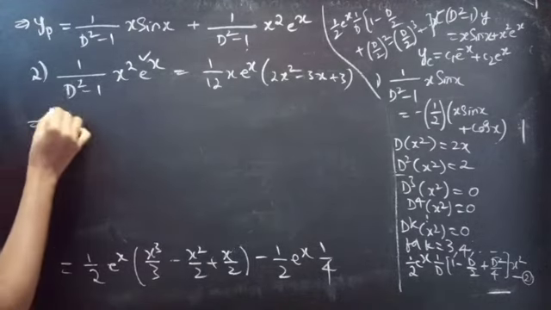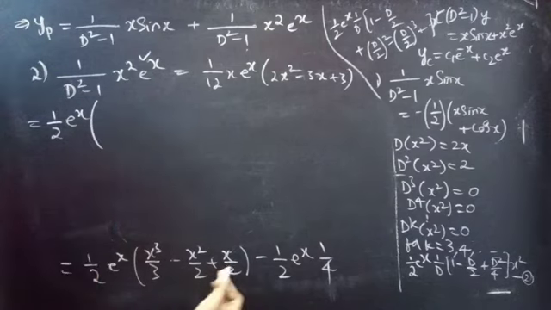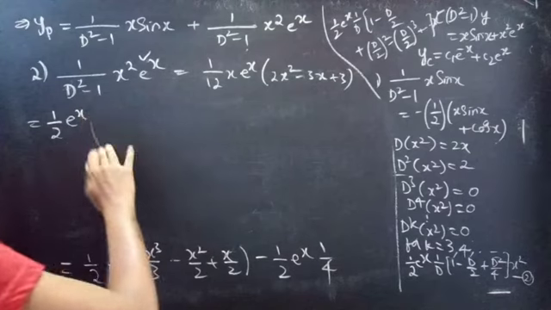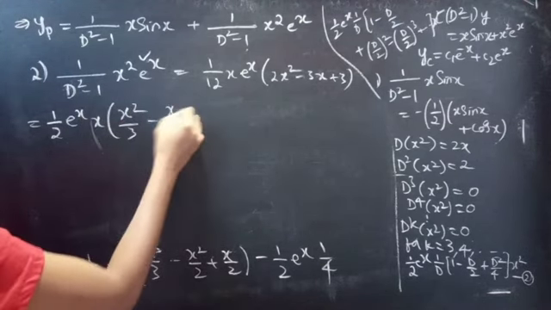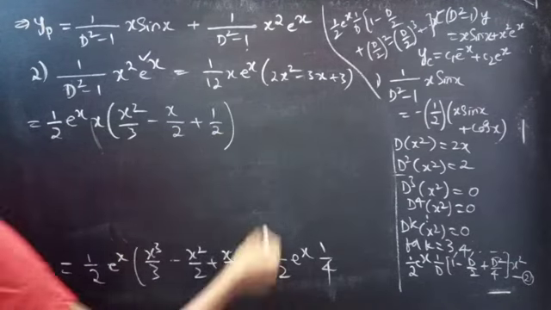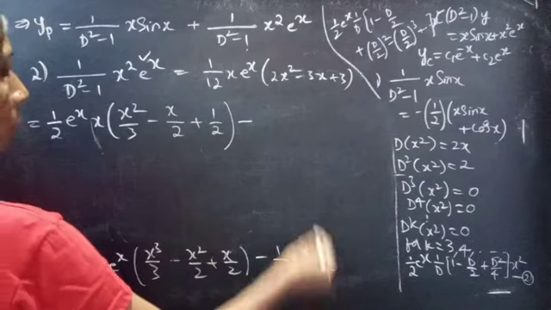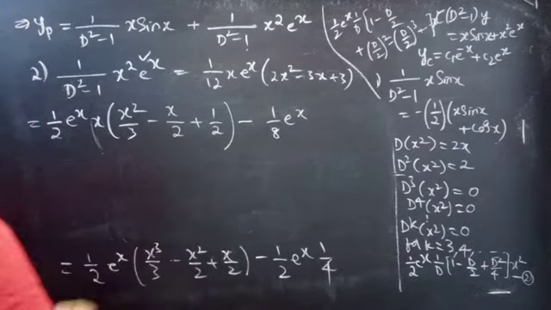This becomes 1/2 e^x times, take x common from all these three terms, then we'll get x times (x²/3 minus x/2 plus 1/2) minus 1/2 times 1/4, which is 1/8 e^x. Now take the LCM of 3, 2, 2.